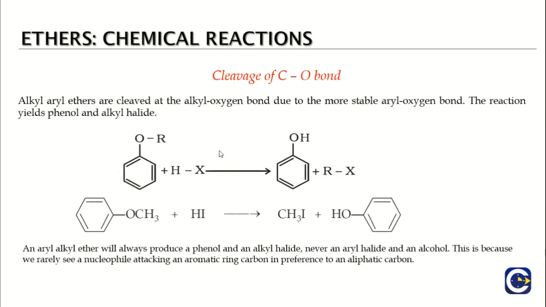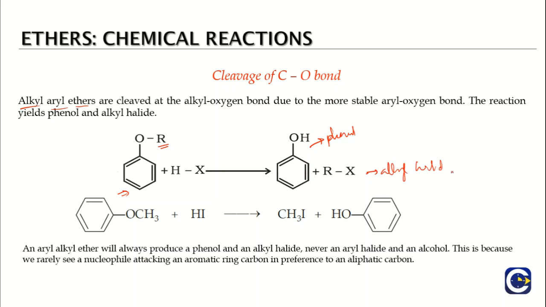Now if we talk about alkyl aryl ethers, in which one R group is an alkyl group and the other is an aryl group, an aromatic group, then in this case we get phenol and an alkyl halide.